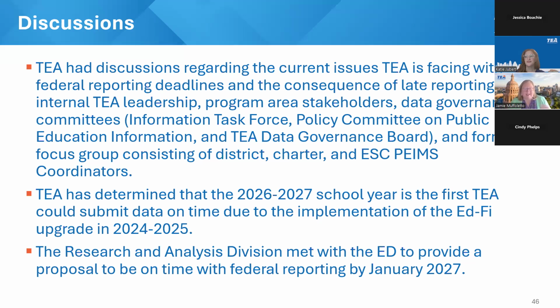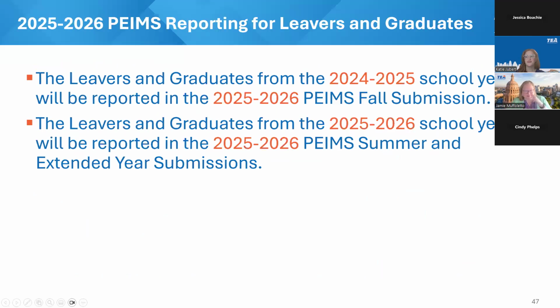So what is happening? On the next slide, it is just a brief couple of bullet points to show you that our leavers and graduates are this school year being reported a little differently. Our 24-25 leavers and graduates are being reported right now in our 25-26 PEIMS fall submission.